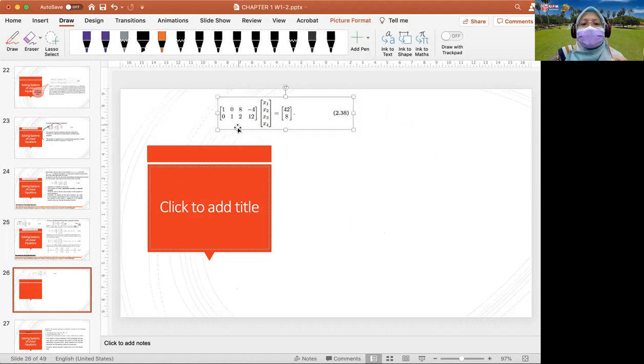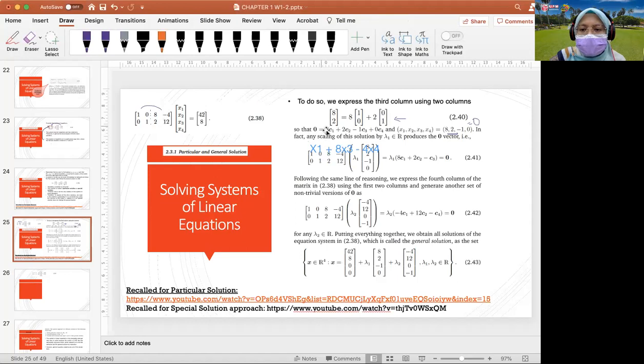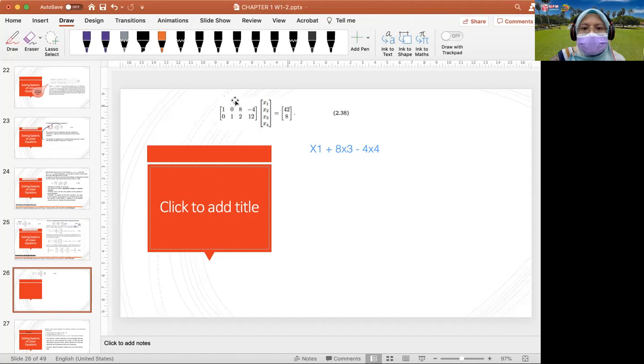Now if we rewrite this equation into the original form, we get x1 plus 8x3 minus 4x4, and similar to this condition, we have to make sure that what we generate here is equivalent to 0. How to edit this one?